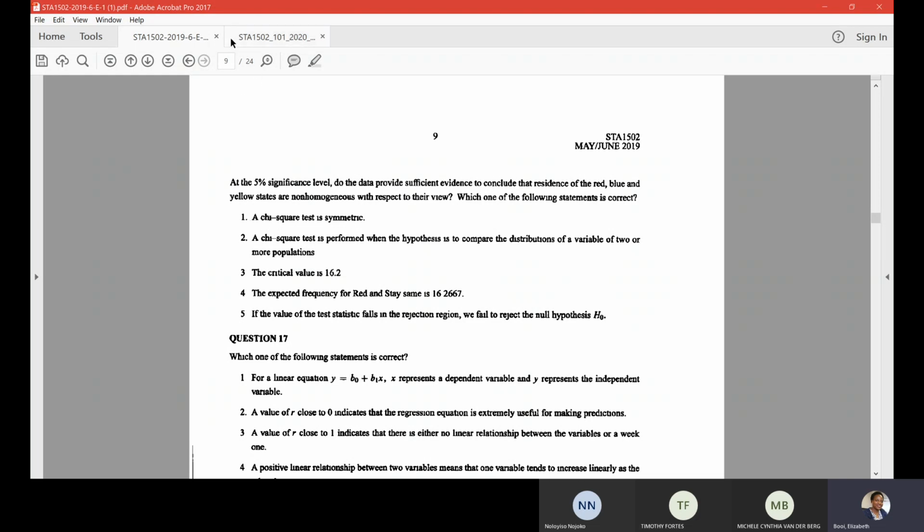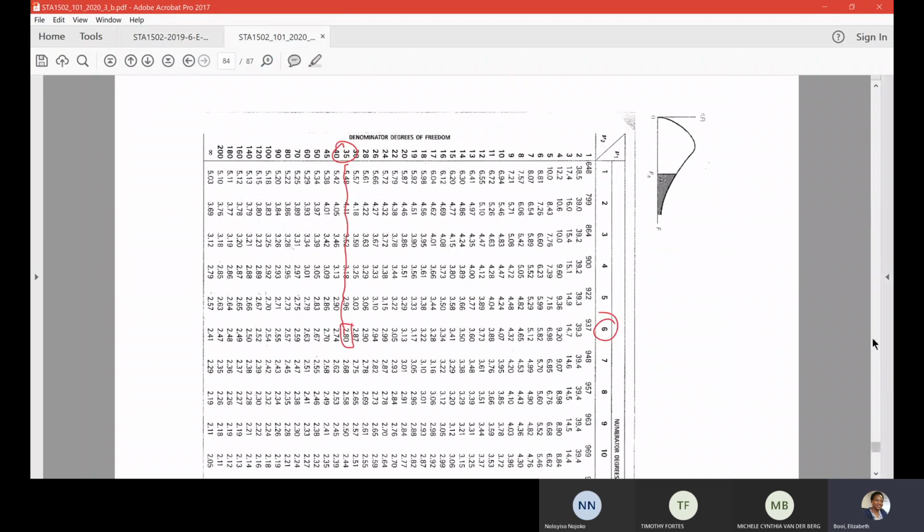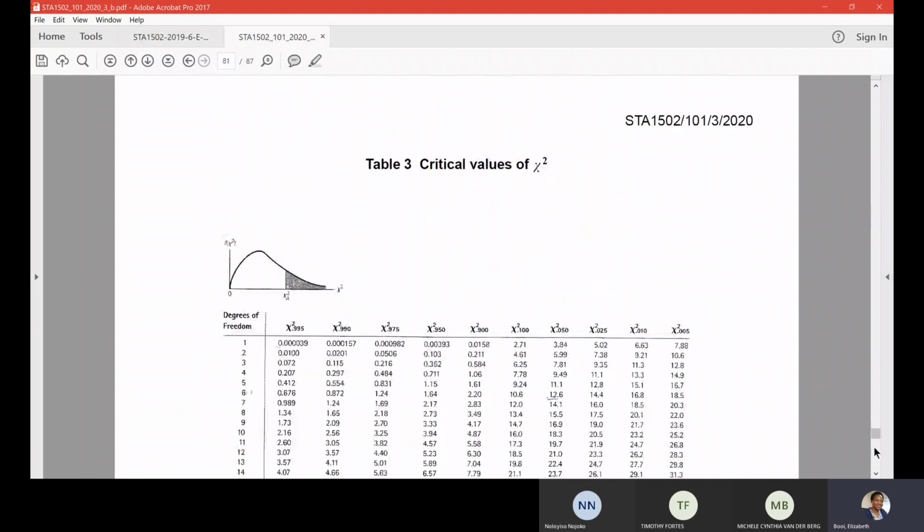If you don't know what symmetric is, it means it follows a normal distribution shape. If you don't know what the chi-square test looks like, then you can go and look for the chi-square critical values table. Does this look like a normal distribution? No, because a normal distribution will look somehow like this.